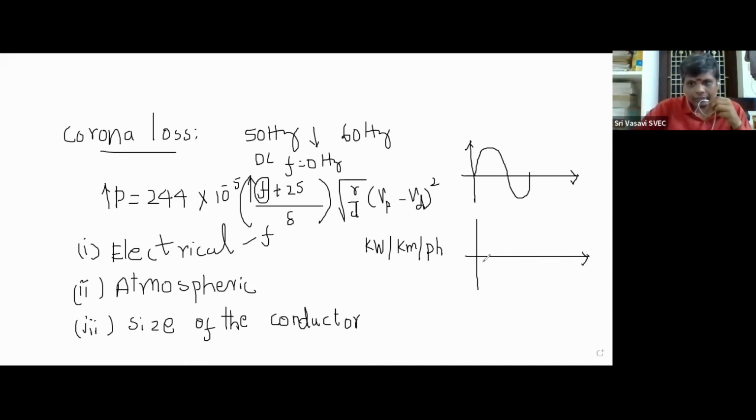Suppose it is distorted, then it contains many harmonics, like the third harmonic and fifth harmonic: the third harmonic has a frequency three times the fundamental frequency, and the fifth harmonic five times. When the supply voltage waveform is distorted, the frequency of the supply increases, and because of that the corona loss also increases. In that way, it depends upon electrical factors.